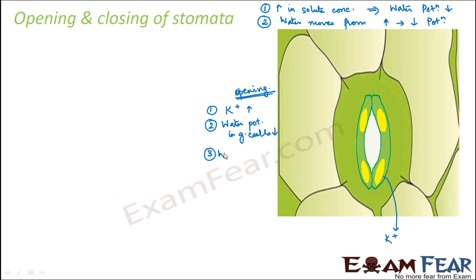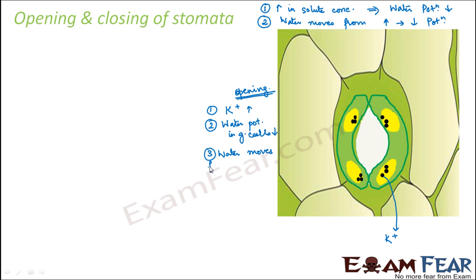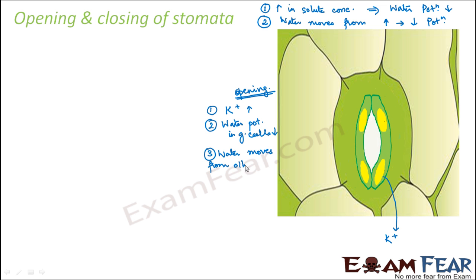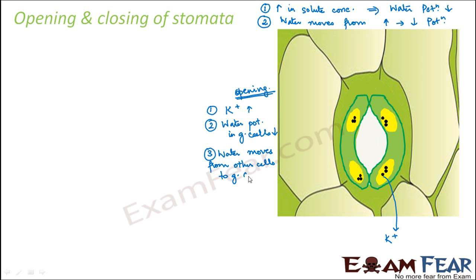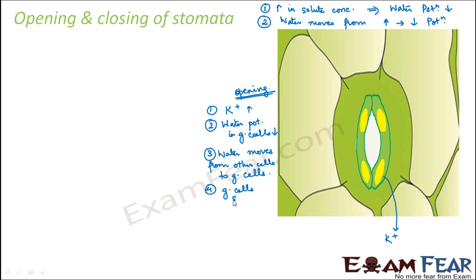So what happens? Water starts moving. Water moves from higher potential to lower potential. So water starts moving from other cells to the guard cells. As a result of this, the guard cells swell up.